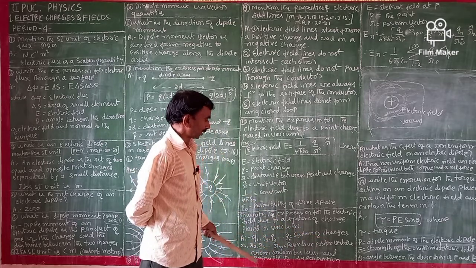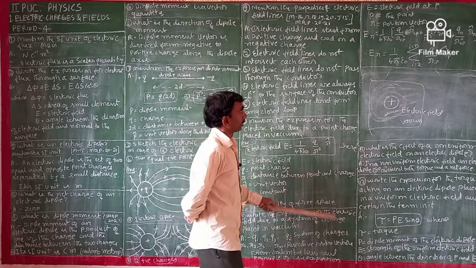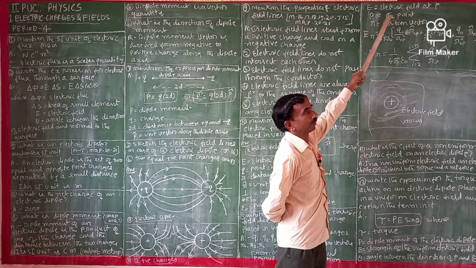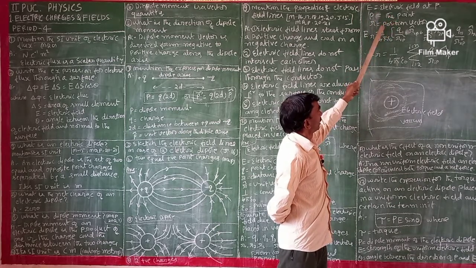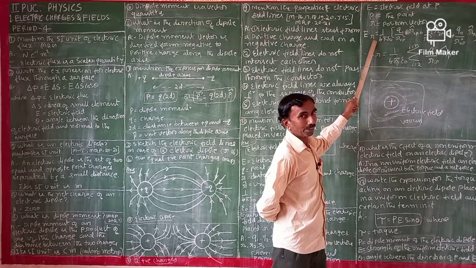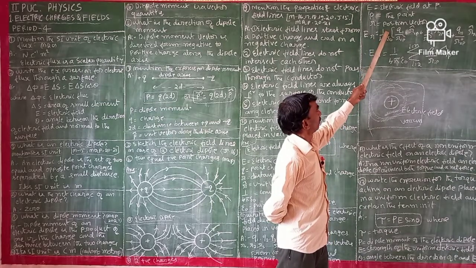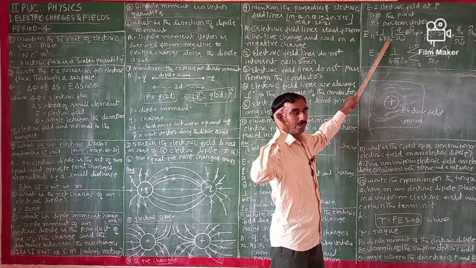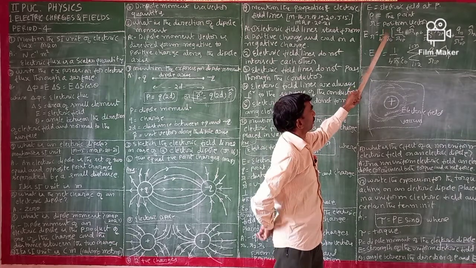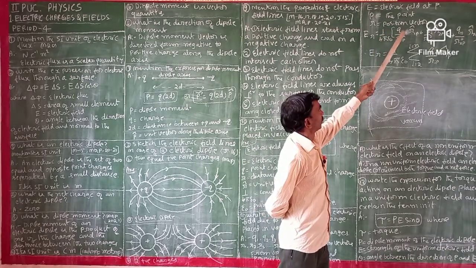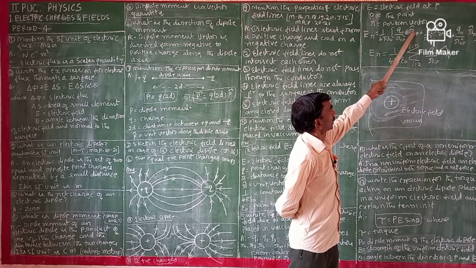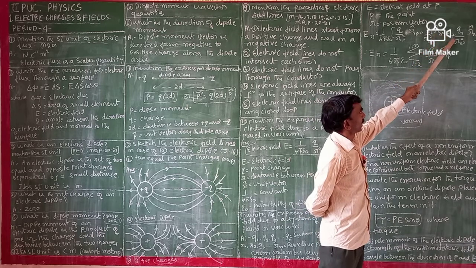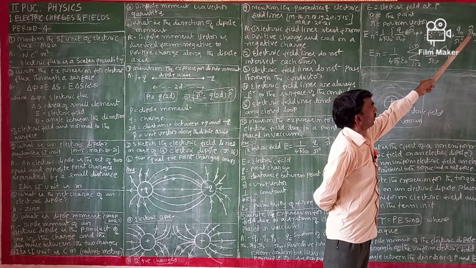From Coulomb's law and the principle of superposition, the electric field at P, where R is the position vector, is obtained by taking 1 by 4 pi epsilon naught common, as in the previous derivation: Q1 by R1p square into R cap 1p plus Q2 by R2p square into R cap 2p plus etc. plus Qn by Rnp square into R cap np.